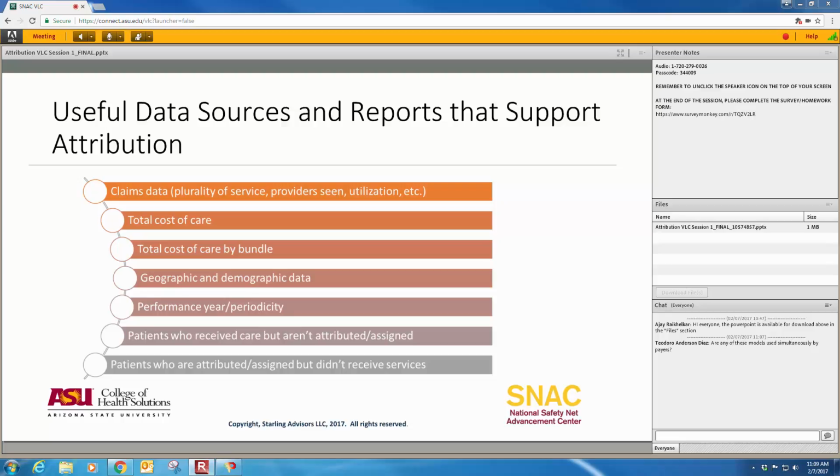But I think the important thing to understand is that attribution, just like compensation and type of payment model, is something that you negotiate. It should be in the contracts that you sign when you enter into value-based reimbursement models. You need to clearly understand how it works and which patients it affects for that particular payer.